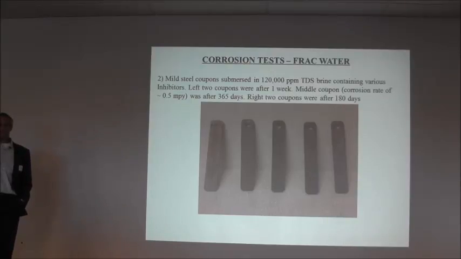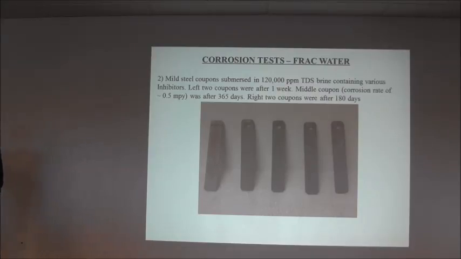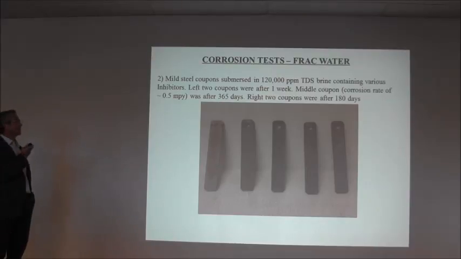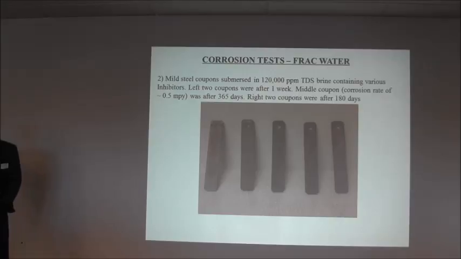But from a standpoint of functionality, low dose rate, and economics, that phosphonate chemistry is typically what is primarily used in these situations. There are some newer chemistries which are more polymeric based, and that is what's been used in some of these tests here, and that is added to the corrosion inhibition potential of these products.